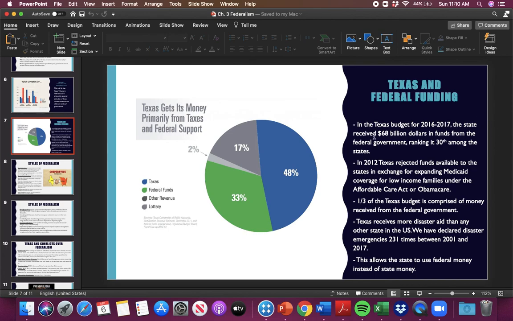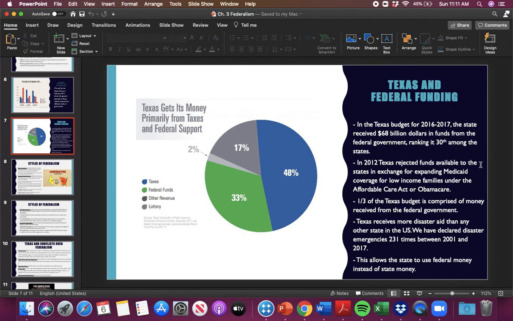Our state received $68 billion in funds from the federal government, making us the 30th highest recipient of federal government funds. So could we make up that money? Yes, but it would require a large amount of increased taxes.